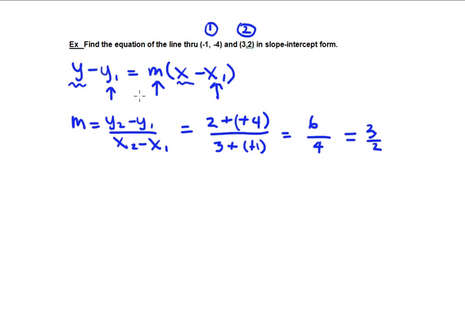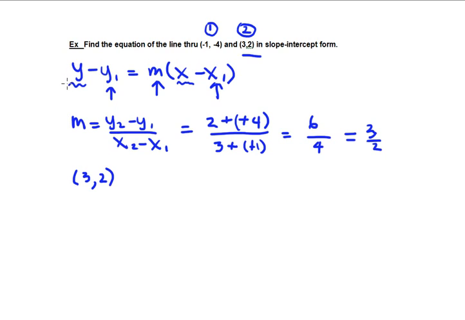Now that we have our slope, we're ready to plug in some numbers, and we can choose either of the 2 points to use for the coordinates of x1 and y1. And for myself, I tend to prefer points that have positive coordinates over ones that have negative ones. So I'm going to choose the point (3, 2) to plug into the point-slope form of the equation.